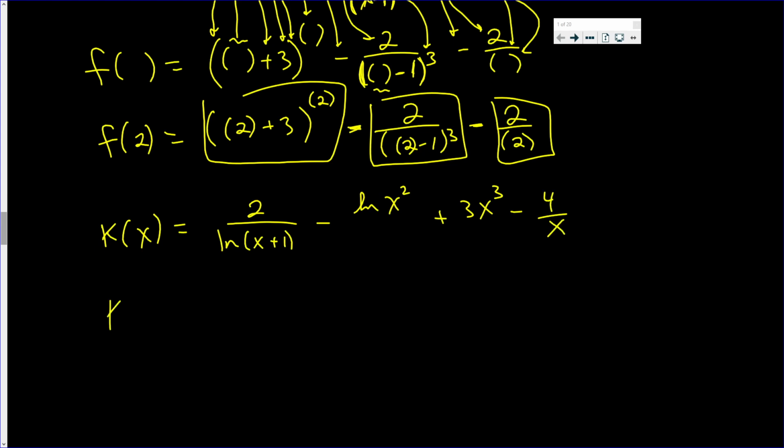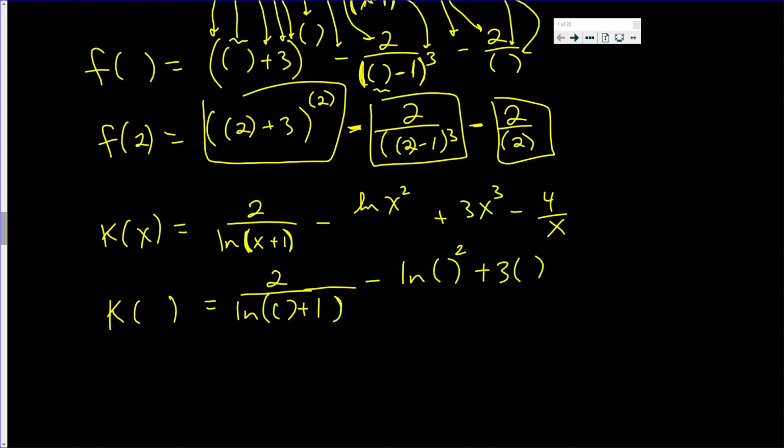So k of x is equal to 2 over ln in brackets. I see the brackets. I put x plus 1 minus ln of x squared plus 3 times x cubed minus 4 over x.